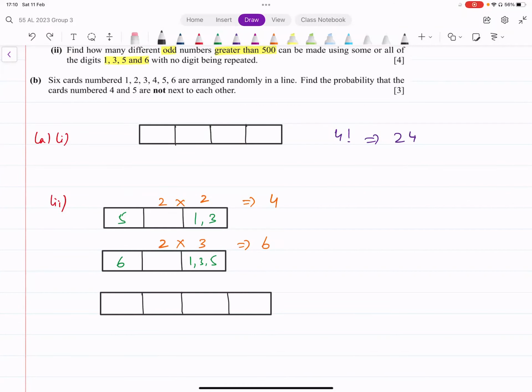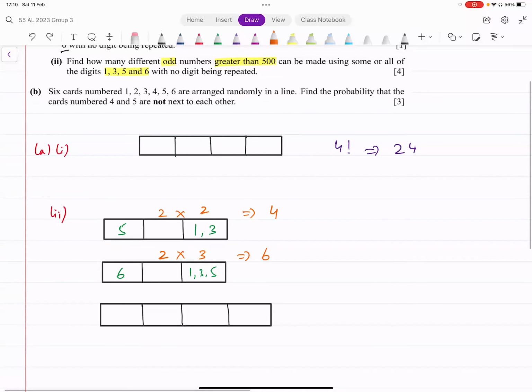But we still have a condition on the last number because the last number has to be odd. उसके लिए कितनी options हैं हमारे पास? 1, 3, 5. So in how many ways can we fill the last box? We can fill the last box in 3 ways. And then what about the rest of them? इसके बाद आपके पास 3 इसकी options हैं, 2 इसकी options रहेंगी. ये बाकी तीनों के लिए बस it's just 3 factorial, right?